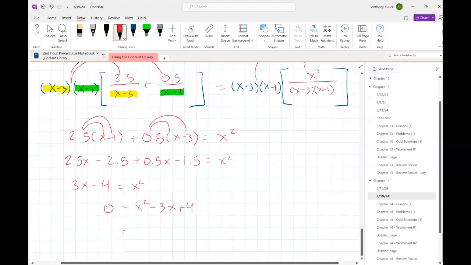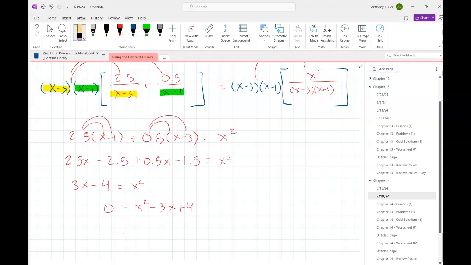How do I factor this? Multiplies to give me 4, adds to give me negative 3. It doesn't factor. I tricked you. What do we do if it doesn't factor? Yeah.